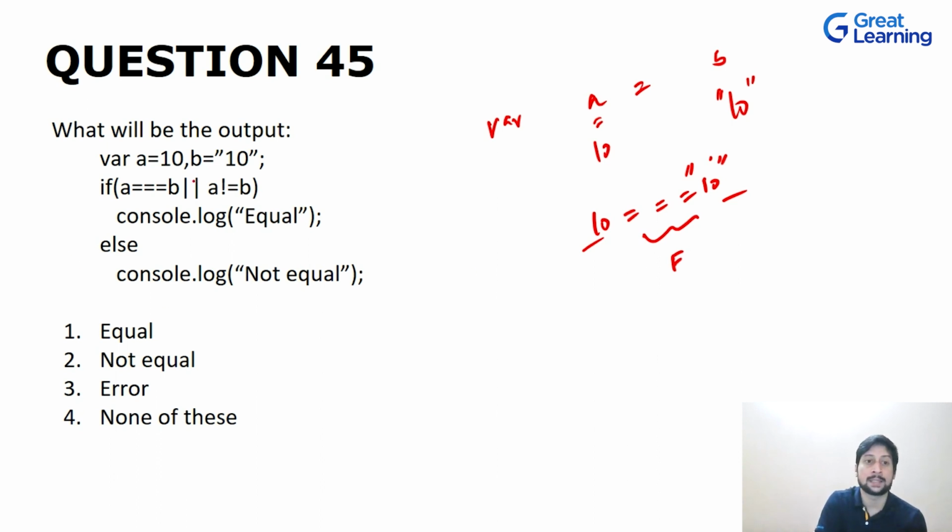But what happens in this case is we are using an OR operator. That means no matter if this condition is false, we will still go ahead and check if this condition is true or not. If this condition had been true, it will not go here because the whole condition is true. But if it is false, it will definitely go ahead and check if a is not equal to b, and check if this condition is true or false.